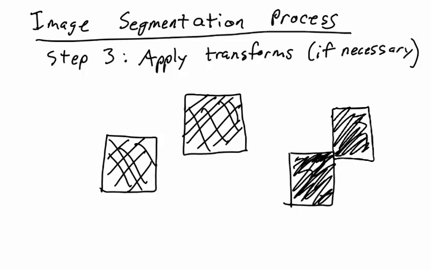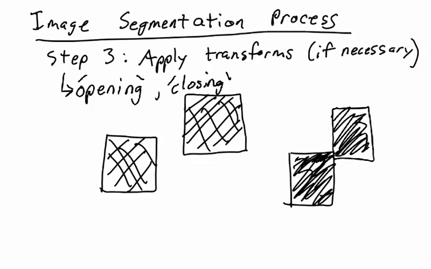One way to deal with this is to do this step 3, apply transforms. Some transforms that we have available to us are called opening and closing. We won't go into the opening and closing algorithms in this class, but MATLAB and some other image processing programs have opening and closing algorithms predefined.